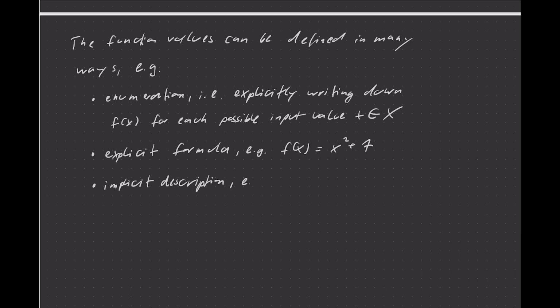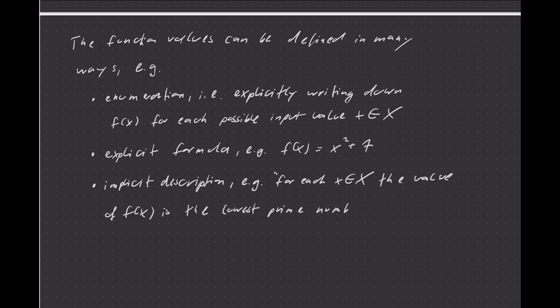One example for that could say something like, for each x in X, the value of f of x is the lowest prime number p with p greater or equal to x.